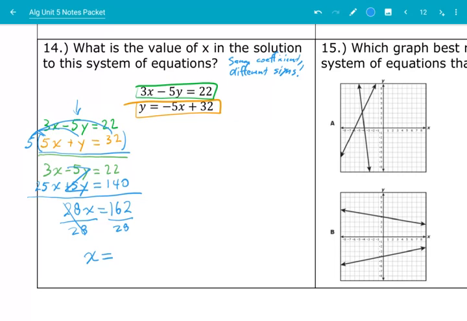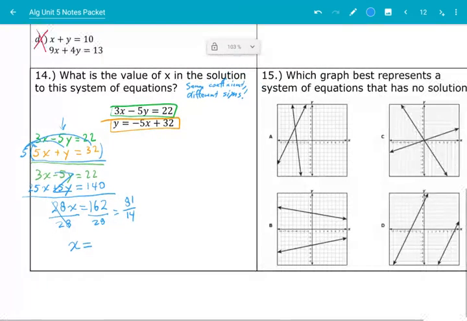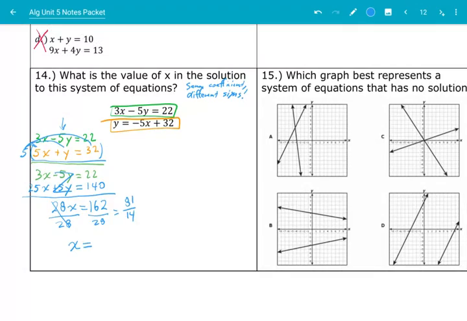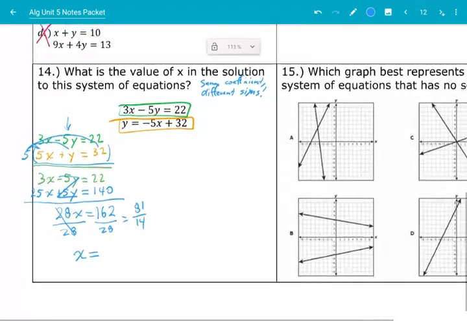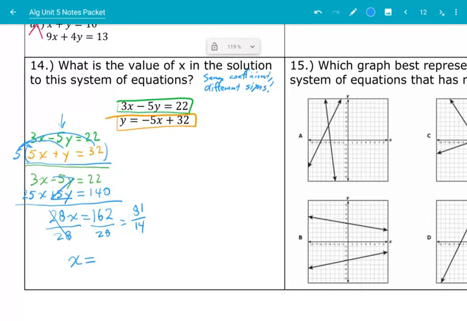162 divided by 28 equals what? Okay, well, that equals 81 over 14. Okay, that's a strange value. Did I do something wrong? No, doesn't look like it.